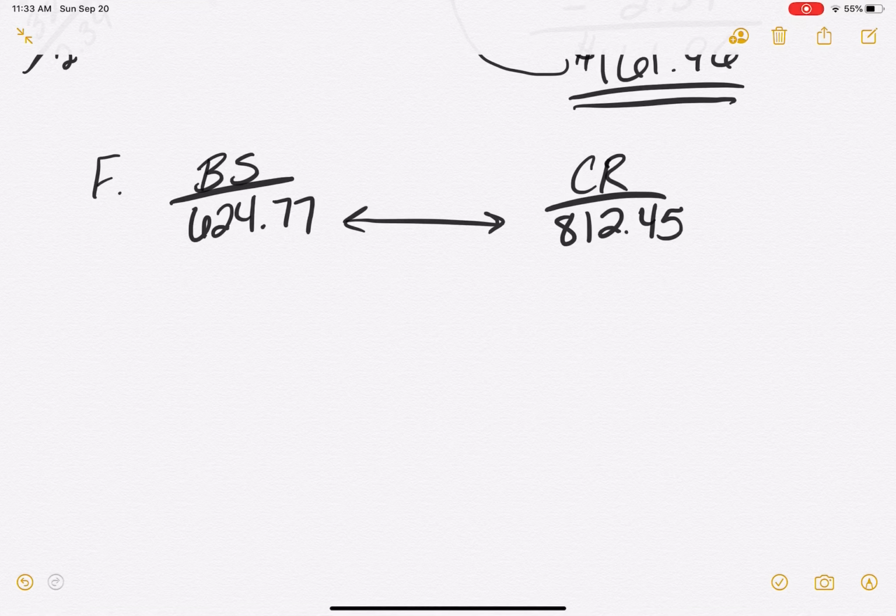An examination of his statement and check register showed that an ATM withdrawal of $200 had not been entered in the register. So this was a withdrawal, so we're going to subtract $200 that was not previously entered in the check register. Check 201 was outstanding, and check 202 was cashed but not recorded in the register.